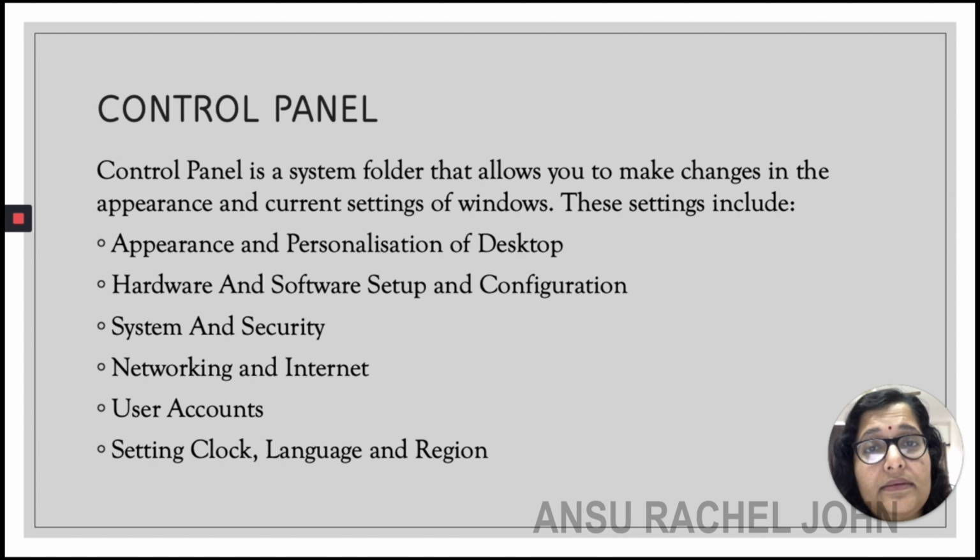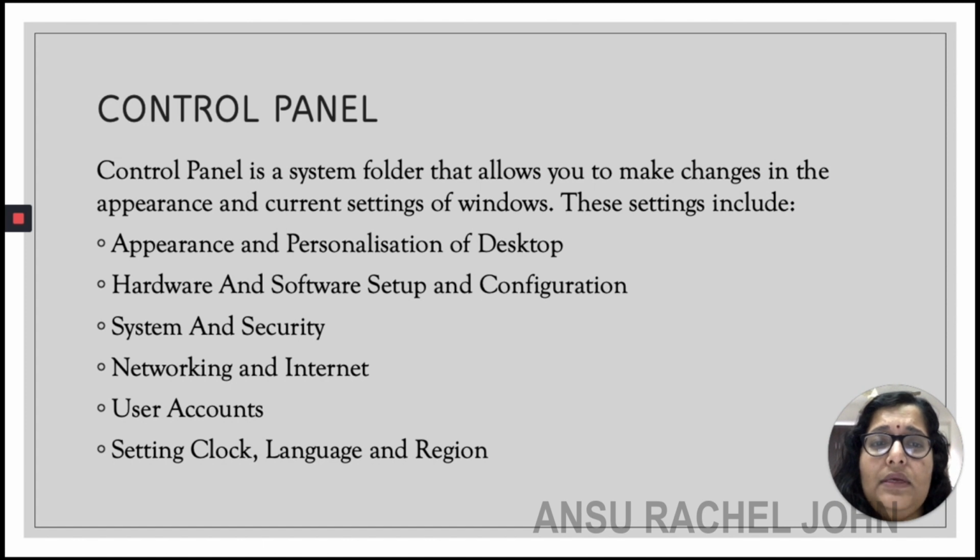Control Panel. The Control Panel is a system folder that allows you to make changes in the appearance and current settings of Windows. You know that most of the systems that you use have a Windows operating system. So, everything that is run in Windows is controlled by a panel called Control Panel.